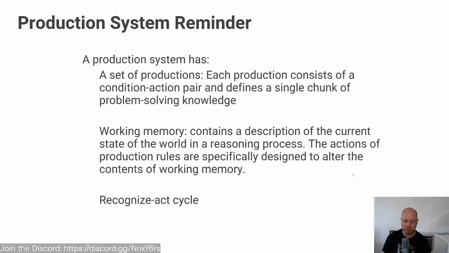So that's the definition of a production system. You have a set of rules that are designed to change the contents of memory. You recognize, act, and repeat, and do it over and over again. This is, I think, one model, by the way, but we'll be using it throughout this lecture.